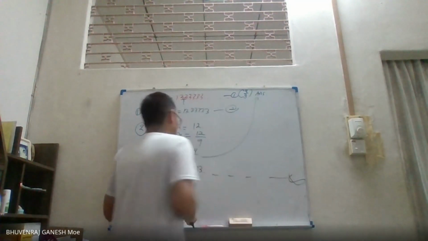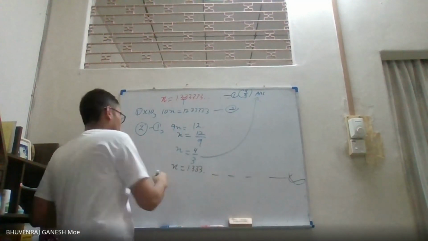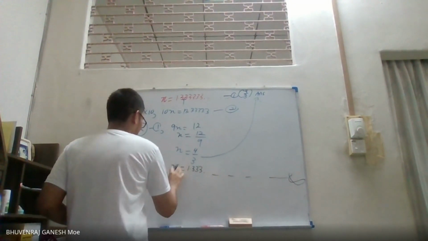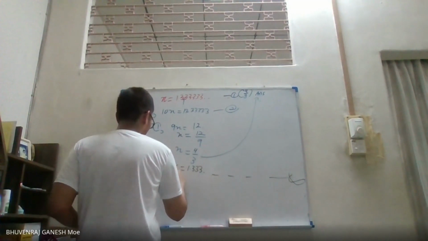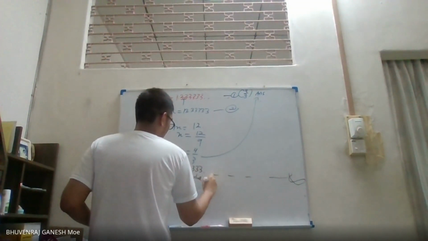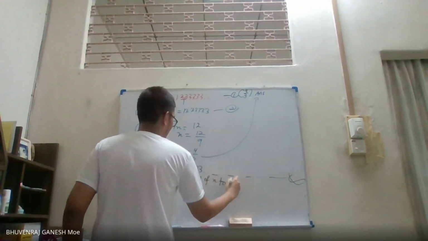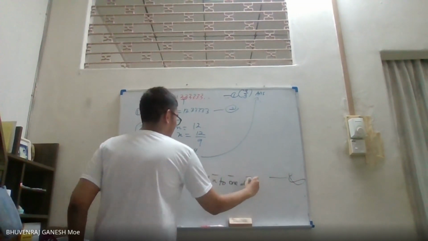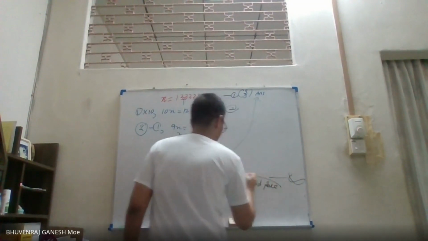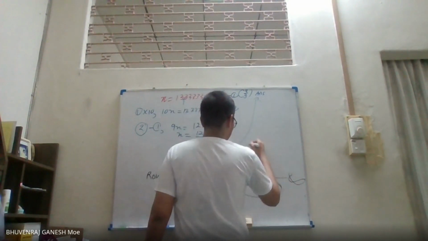So rounding off is also kind of an approximation. The question will say, let's say, round off the value of x to 1 decimal place. So this one is also called an approximation, 1 decimal place.